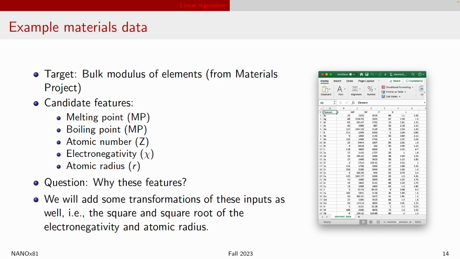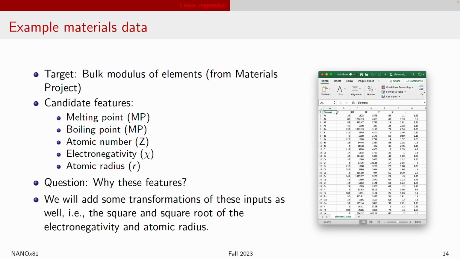The second column is our target, K, which is the bulk modulus of all the elements here. MP stands for melting point, BP is boiling point, Z is the atomic number, X is the electronegativity, and R is the atomic radius. So it's a very simple data set. It's very small, so running any model should be relatively quick.